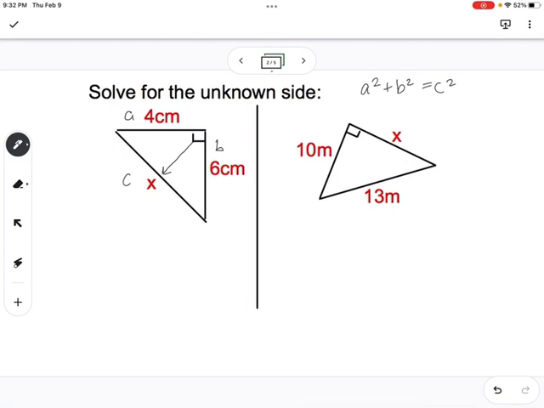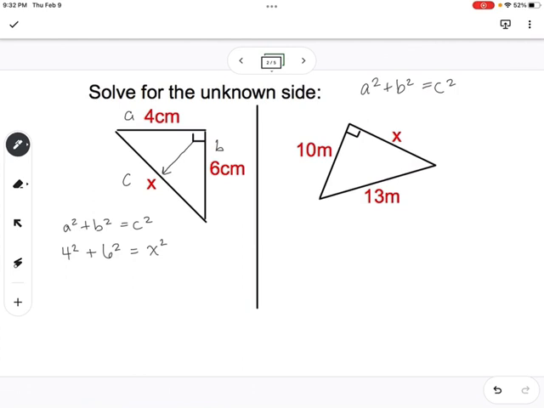So using the Pythagorean theorem, A squared plus B squared equals C squared. Our A we labeled as 4 centimeters, so we're going to put 4 squared. Our B is 6, so we'll put 6 squared. And our C is x squared. So what we're going to be solving for is x.